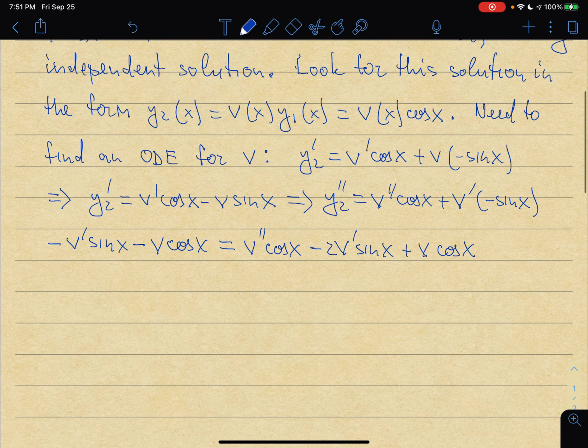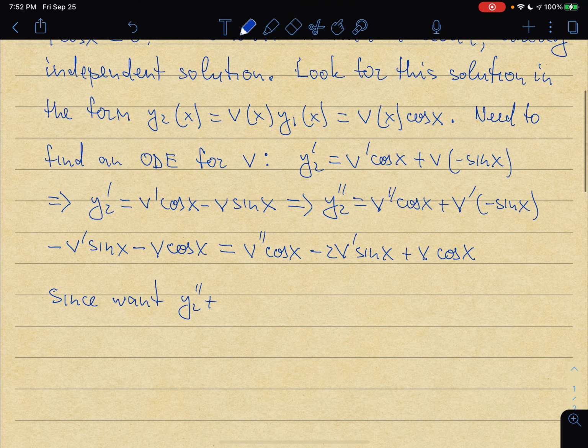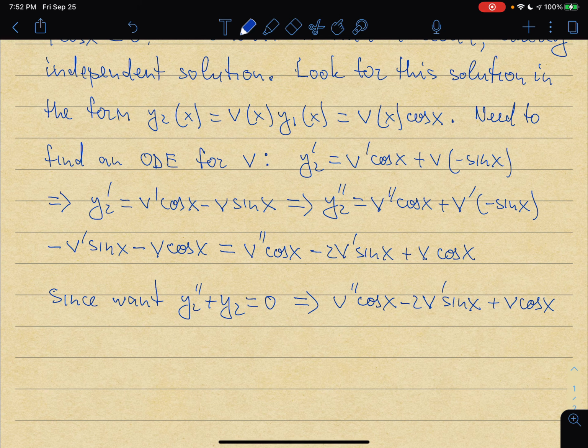So if I want to have y2 solving my ODE, since we want y2 double prime plus y2 to be 0, then in terms of v, this should be v double prime cosine x minus 2v prime sine x minus v cosine x, and then plus v cosine x.